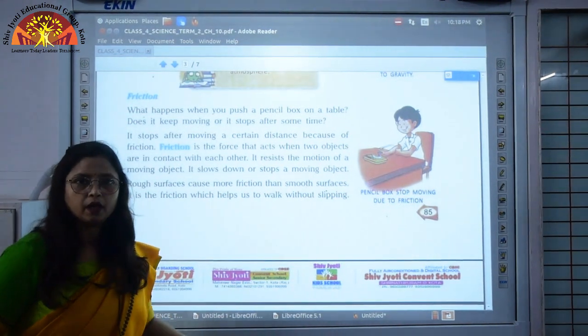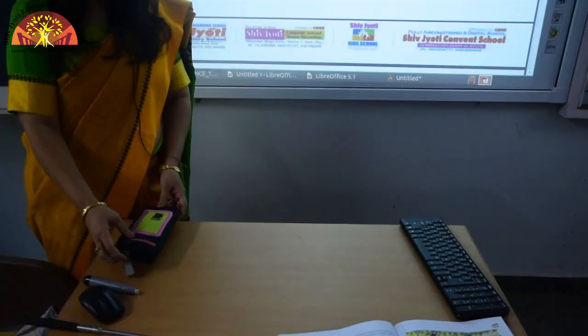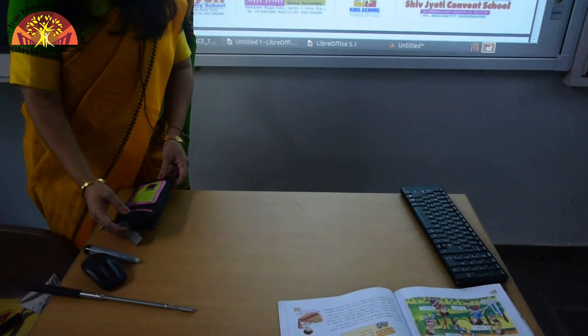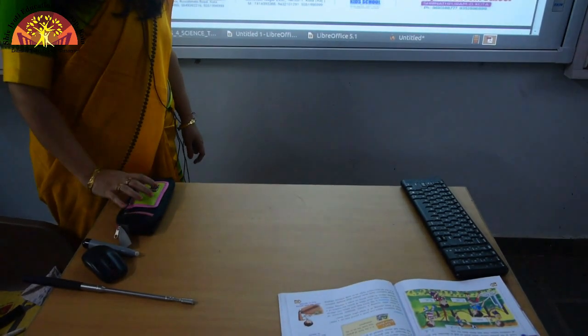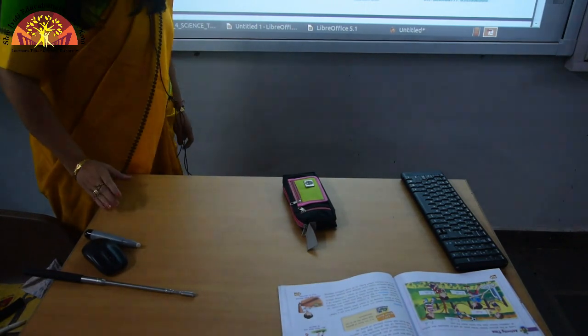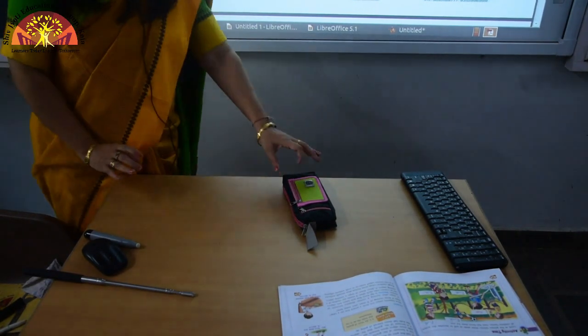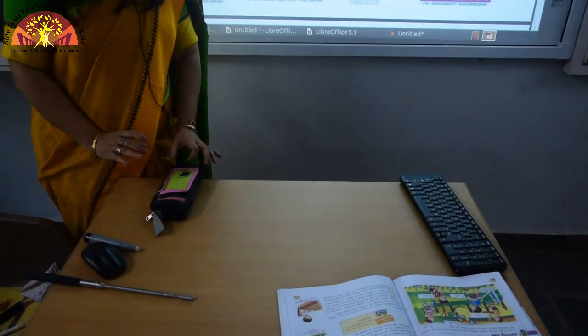So, children, again there is one demonstration of friction. Let us see what it is. Now, here I have a pencil box and I have kept it on this table. Now, when I push it, what will happen? Now, I am pushing it like this. So, what happened to it? It has moved to a certain distance and then it has stopped. So, why did it stop or why did this movement slow down?